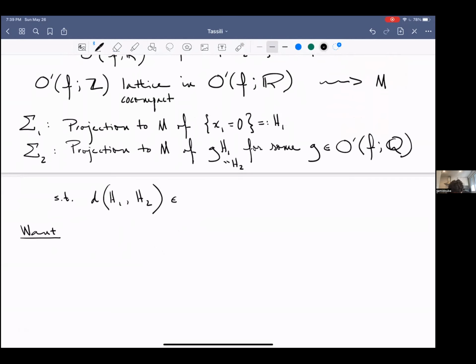Distance is between L minus epsilon, L plus epsilon. We want, for instance, so that we know that there are no orthogeodesics with one endpoint on sigma 1 and one endpoint on sigma 2 that are shorter than L minus epsilon, for example.